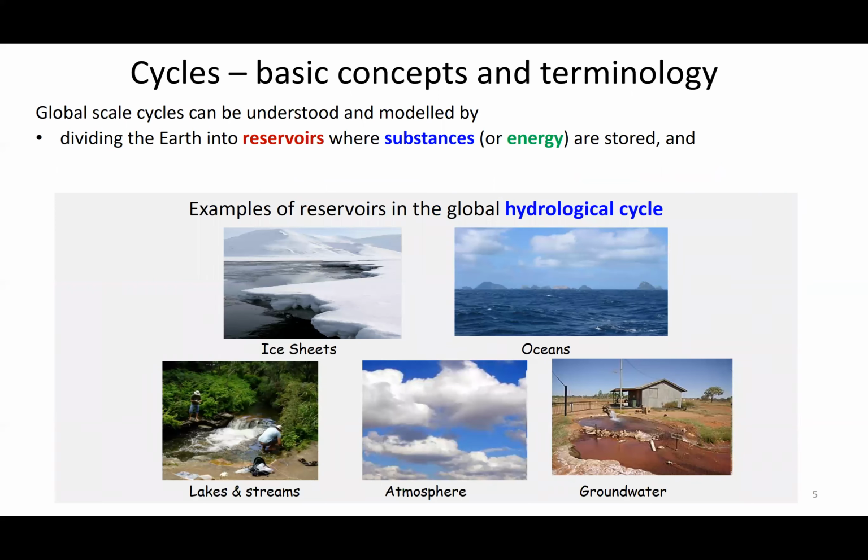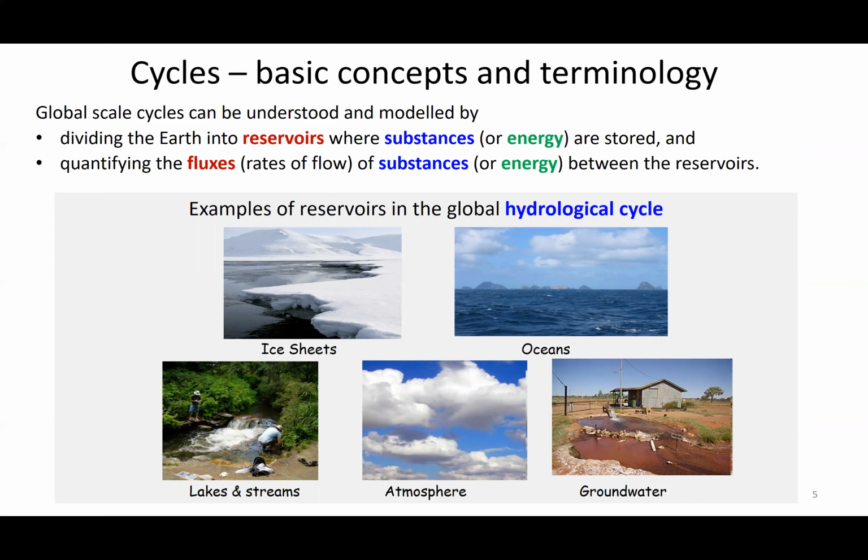So let's think about some basic concepts and terminologies with cycles. In earlier lessons, you've spent a little bit of time learning about the hydrological cycle. Global scale cycles like the hydrological cycle or the carbon cycle can be understood and modelled by dividing the Earth into reservoirs, where substances like water or carbon, or alternatively energy, are stored.